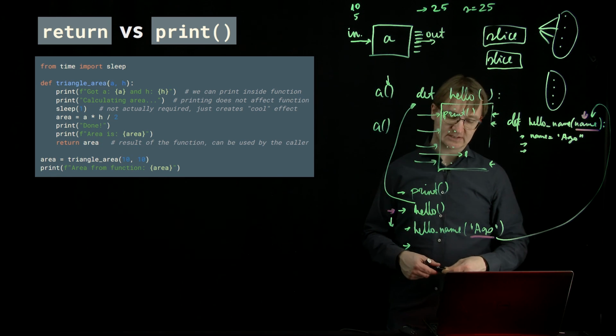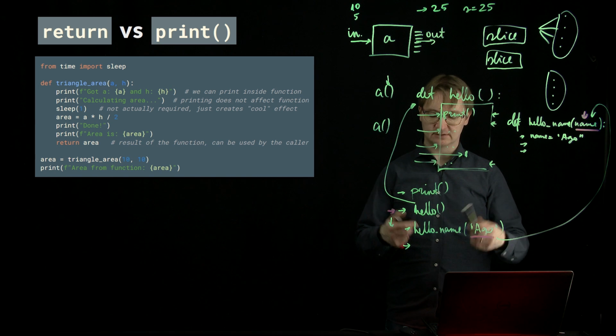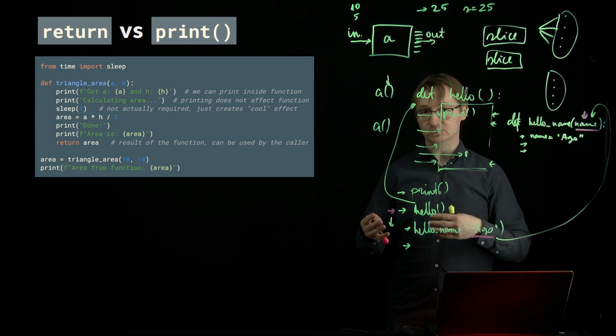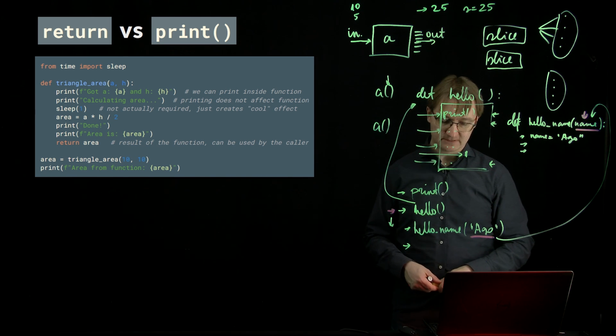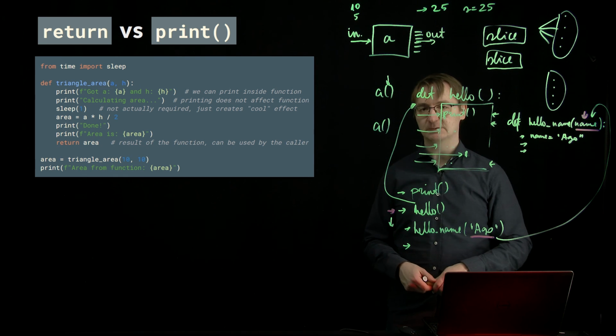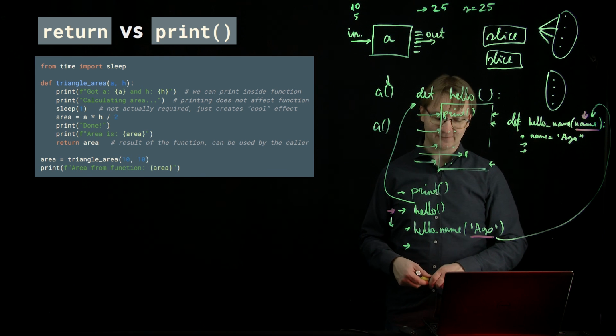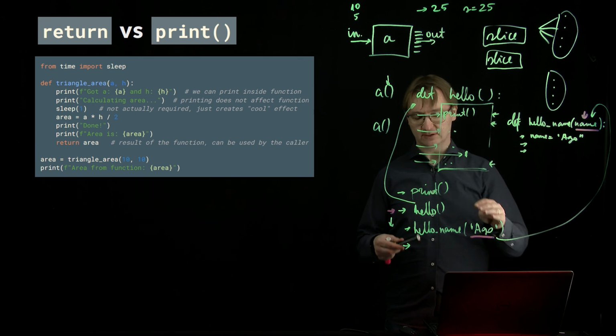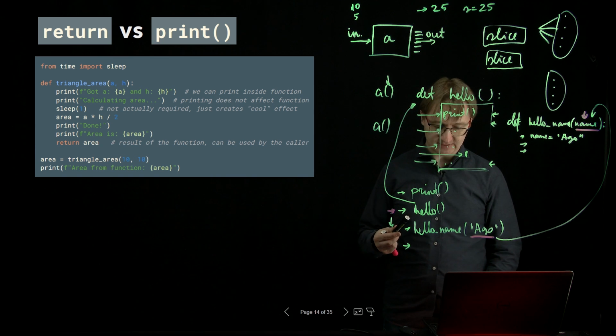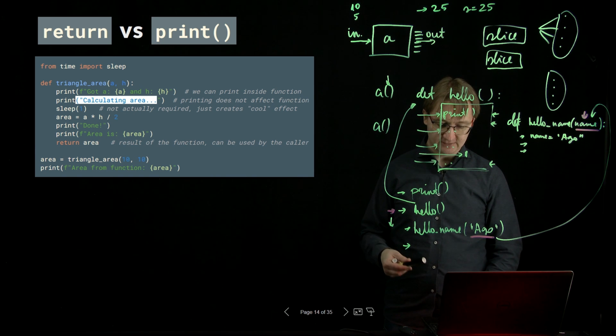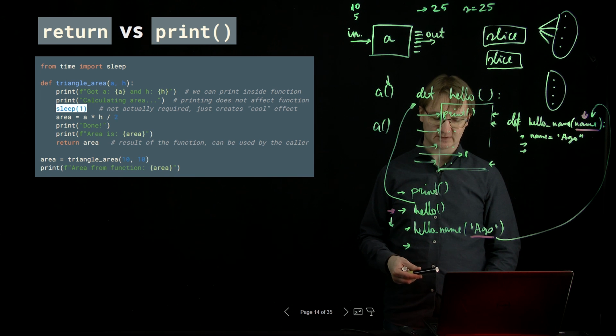Here's an example. Basically, the idea is the same, but now we use both print and return. Again, we will calculate the area of a triangle. Here we print out that we got some values, then we are calculating the area, then we will sleep just 1 second.